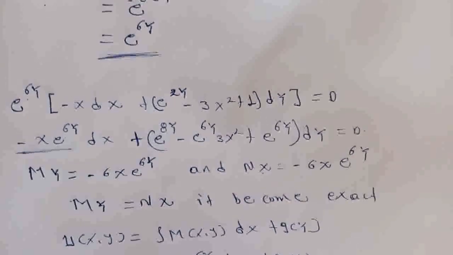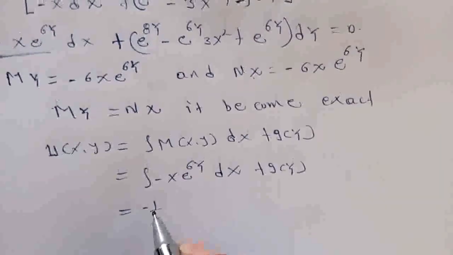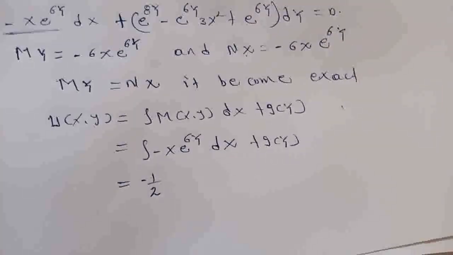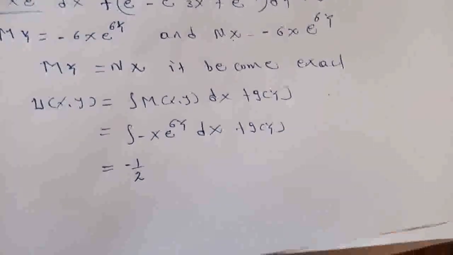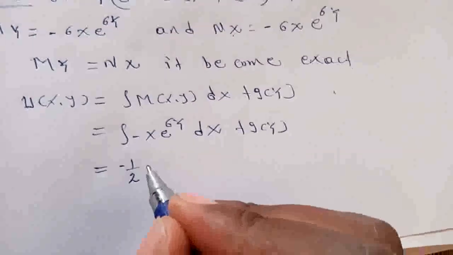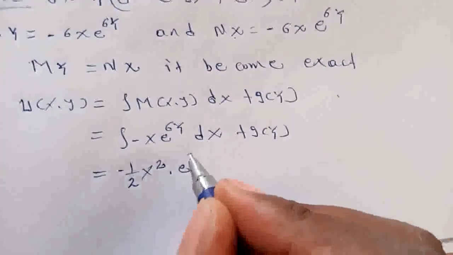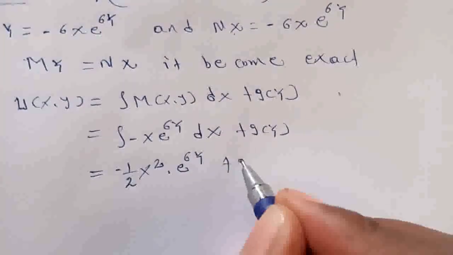Now it should become negative 1/2 x squared times e to the power of 6y plus g of y.